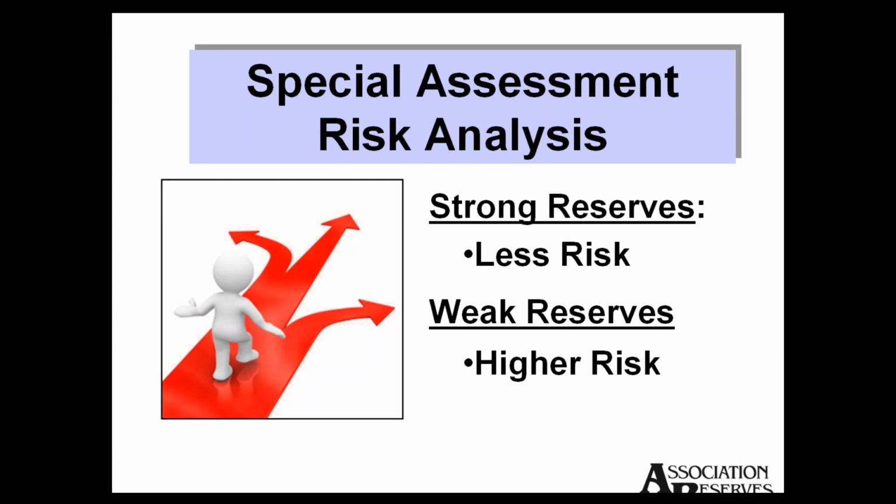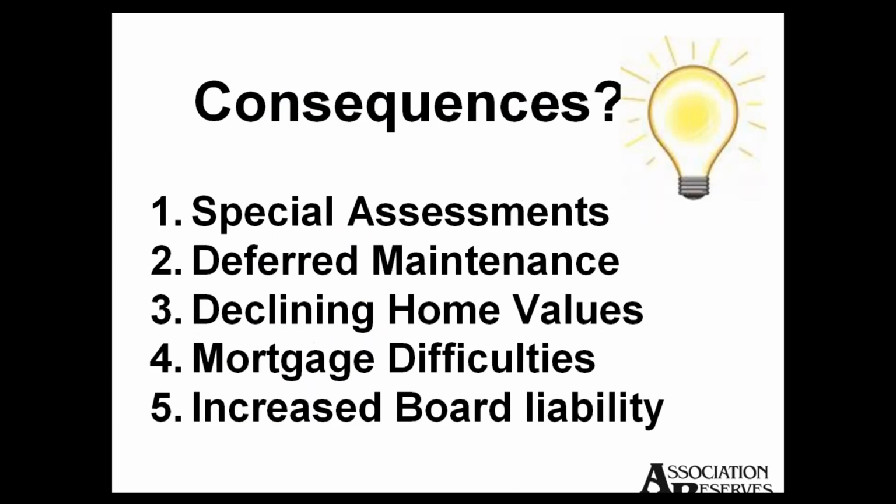Or do you take some short-term benefits and lower your reserve contributions? And of course that brings the risk of not having enough cash to be able to do your projects on time. Again, why do we care?